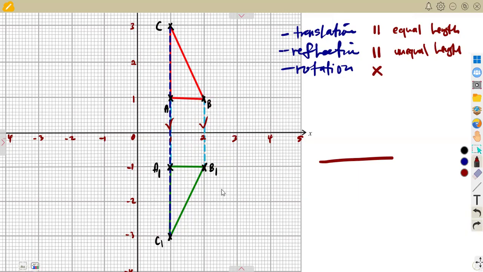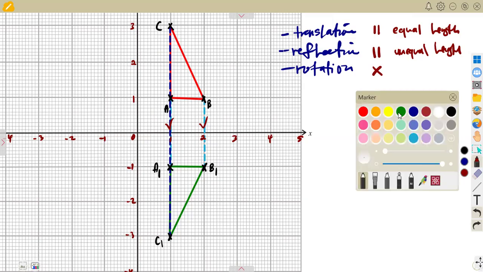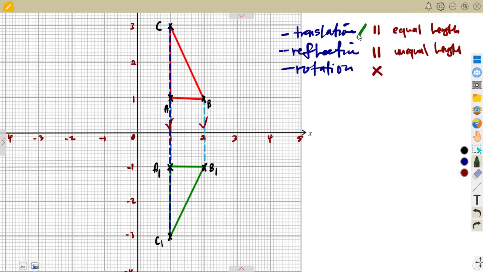Meaning a translation is out, because in a translation, they are supposed to be parallel and of equal length. So the equal is missing. They are all supposed to be of equal length, not only A and A1. Everything. If you check C to C1, it's not the same as B to B1, so it is unequal.